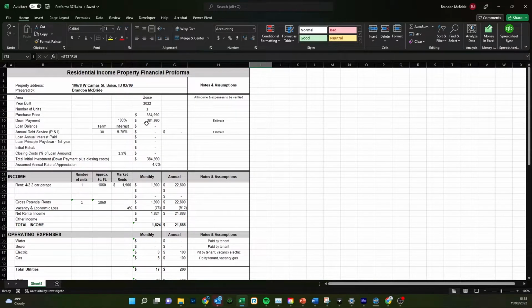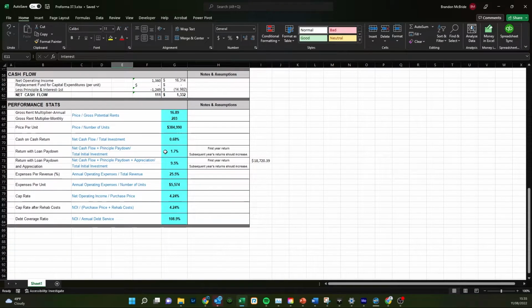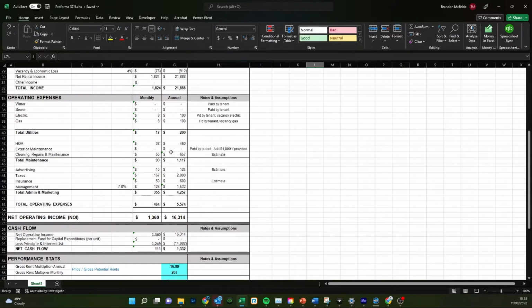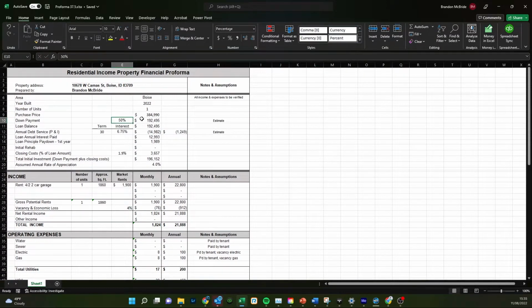Now, if we go back here and we say, oh, we just want to put down 50%, then you come up with about half as much money, but it's not exactly half the return on investment. You're getting $18,720. Now, if we take $18,720 times 2, because remember, right here, we're putting down 50%.